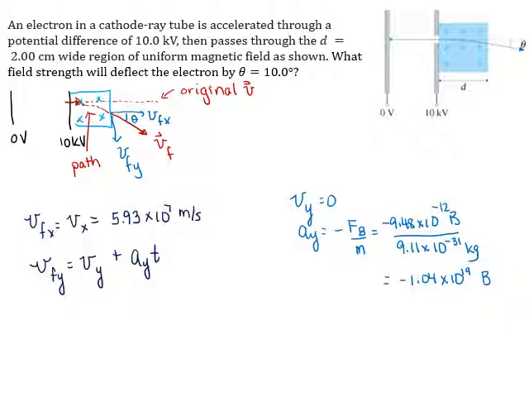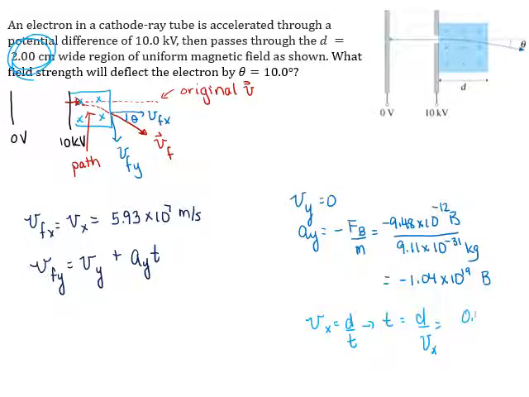Can we figure out something to plug in for t? Well, let's think back about the x component of velocity. The x component of velocity is distance over time, and we actually know the distance. It's 2 centimeters wide. So the time is the distance divided by the x component of velocity.